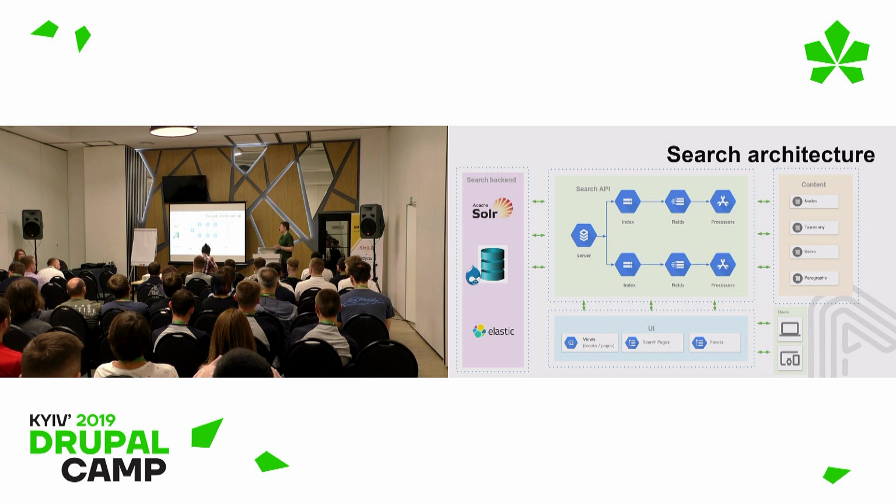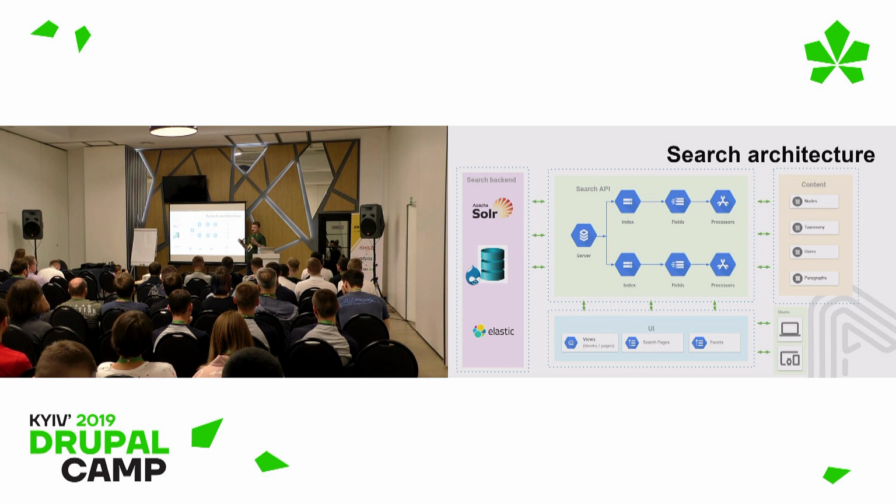As you see on this diagram, we have search backends, we have Search API stuff, we have some content on the side. It can be nodes, it can be taxonomy, it can be users, paragraphs, and other entities. And here we can see how it really works. The main part of this solution is Search API.